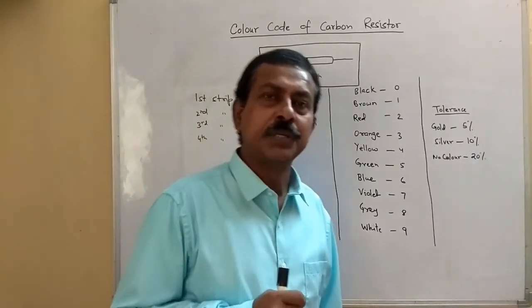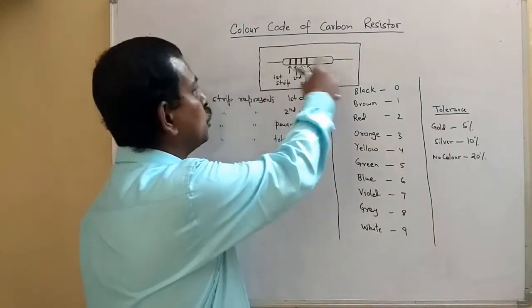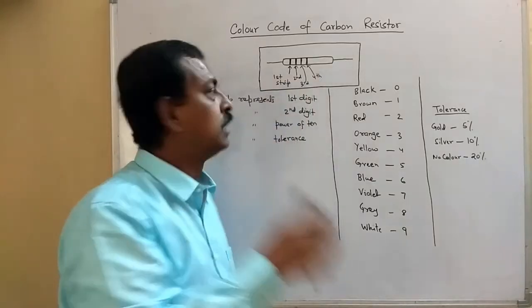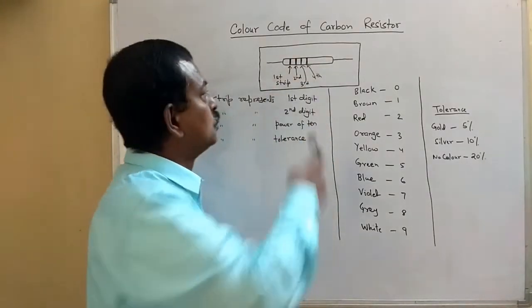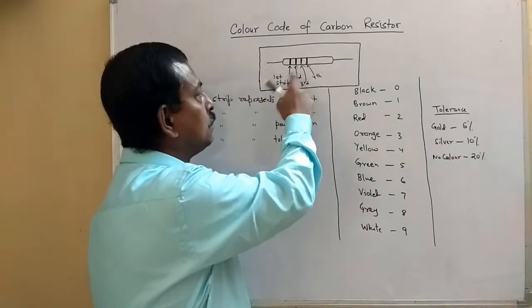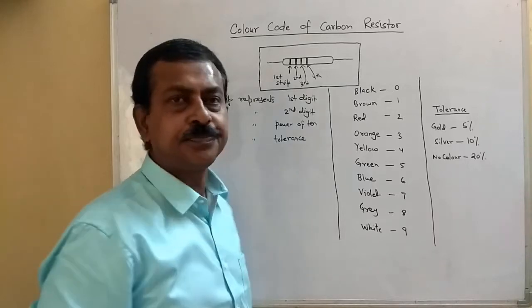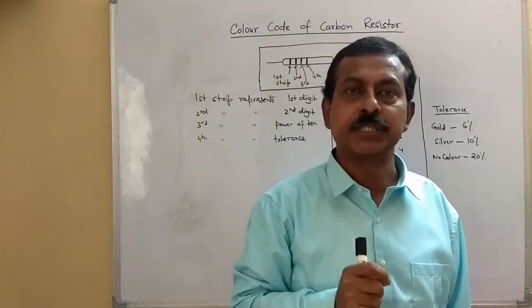So let's start with color coding of carbon resistors. Suppose this is your carbon resistor. On its body, there will be some colored stripes. Suppose I take this as the first stripe, second, third and fourth. Each stripe has its own significance.